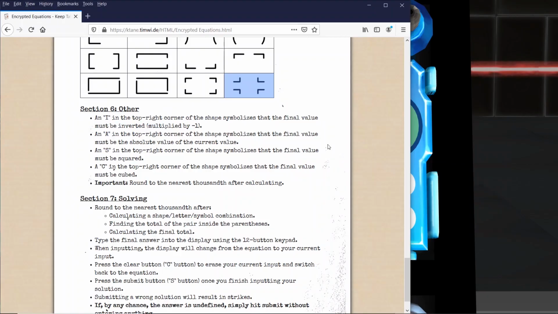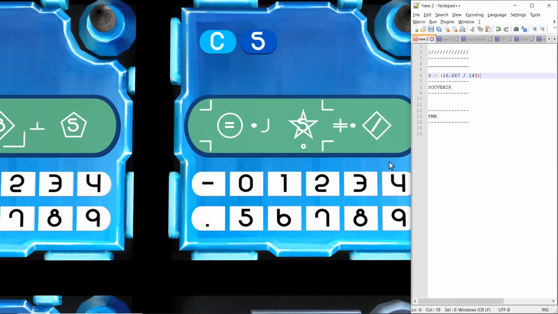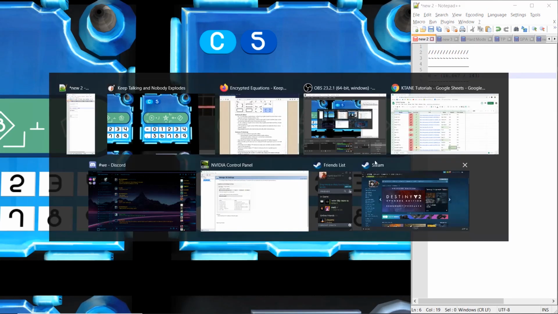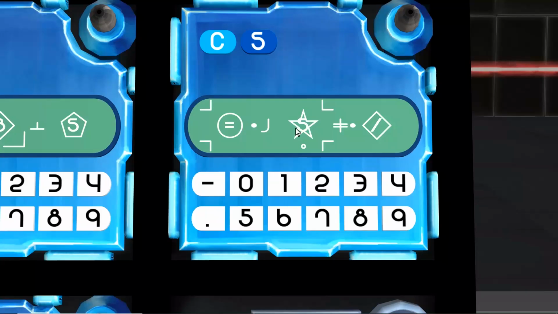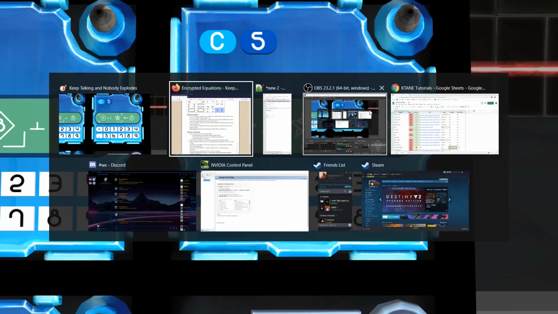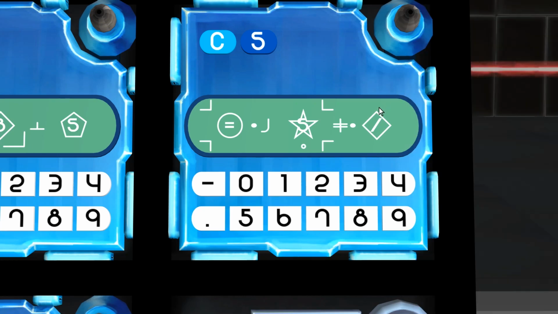So basically you just either put a negative there or you take away a negative. If there's an A top right of a symbol, that means you're going to take the absolute value of it. So basically, if you have something -8, that -8 is going to be absolute value, so you're going to add 8.